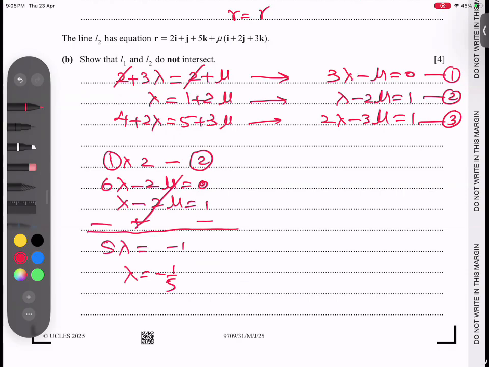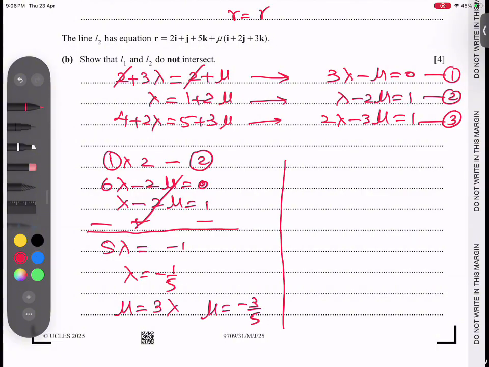Okay, after this we go for the second value, I mean lambda I got, and now the mu value. So I'm going to plug in this. So mu is equal to 3 lambda. So mu is equal to -3/5.